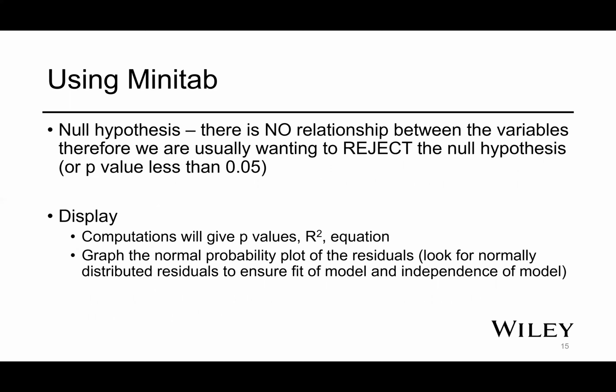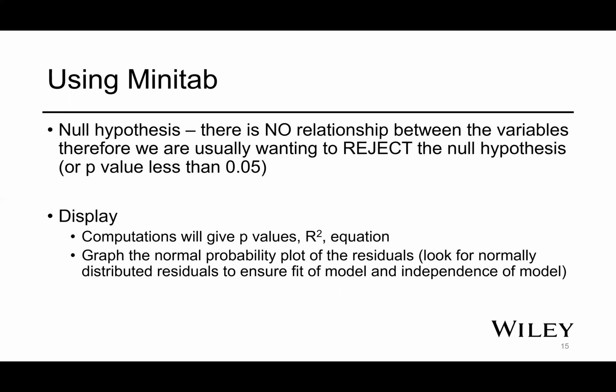So if our confidence level is 90, then we would want a p-value less than 0.1. If our confidence level is 95, we want a p-value less than 0.05. If our confidence level is 99%, we want a p-value of less than 0.01. We want to reject the null hypothesis because the null hypothesis is that no relationship exists.